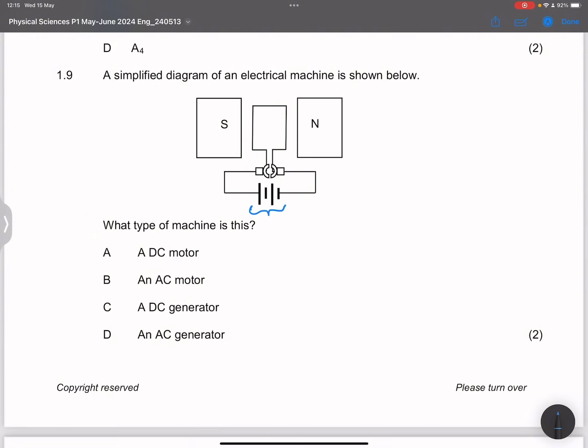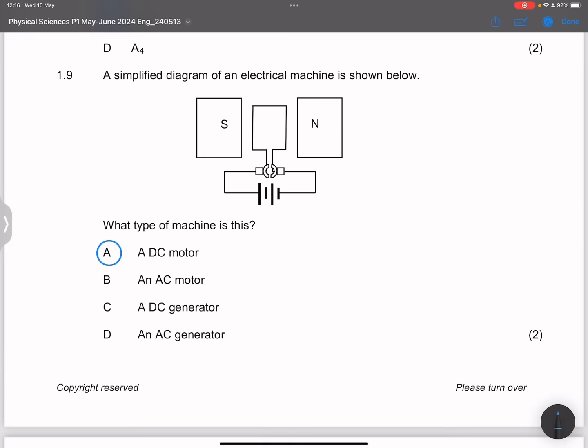And in this case, I also see that I've got split rings, okay? So this tells us that we've got DC over there. But now, the fact that we've got a battery tells us that this is not a generator, but it is a motor. So I will say, well, this is definitely a DC motor.